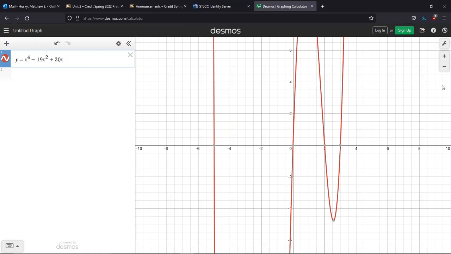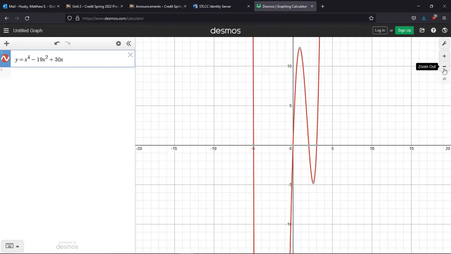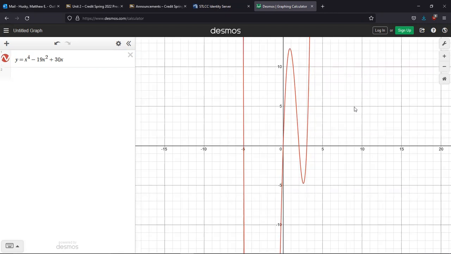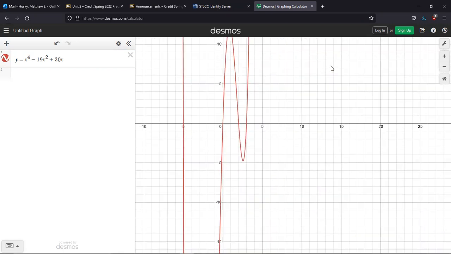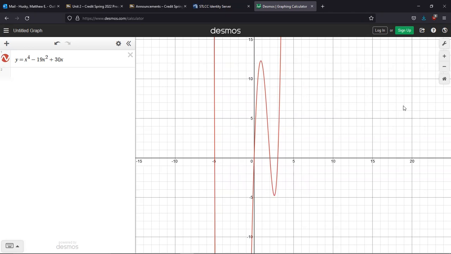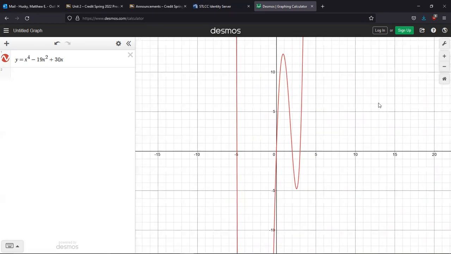If you want to zoom out and zoom in, you've got these plus and minus things here. So you can zoom out a little bit. If you also click and drag, you can slide it around. If you want to adjust the window, because we've got a lot of dead space here, there's not much past -5 and +5.